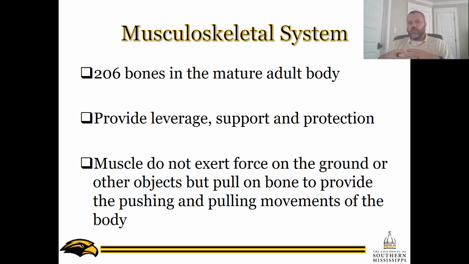So to go into that a little bit further, when we have a muscular action, that muscular action is not acting on an object directly. When you walk, you're not providing force from the muscle acting directly on the ground. Or if we pick up our phone and we're holding our phone, the muscle's not directly acting on your phone.